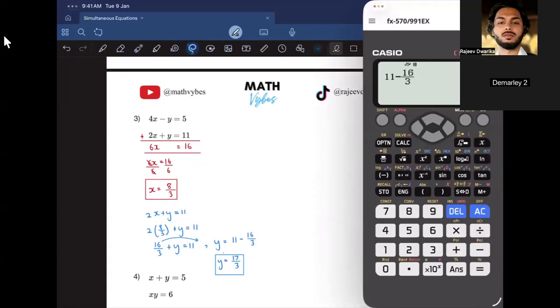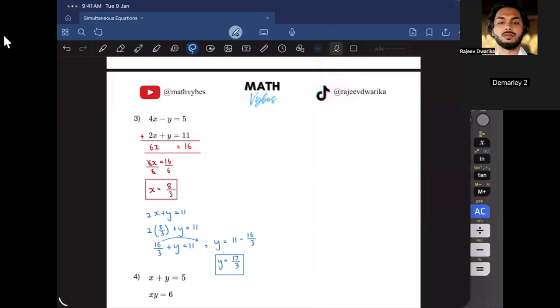Okay, so that's going to be 4 times x, which is 8 over 3, minus y, y is 17 over 3. I want to press the equal sign. What's that supposed to be? 5. Let's see. Bam. So we're good. We found the correct answer.